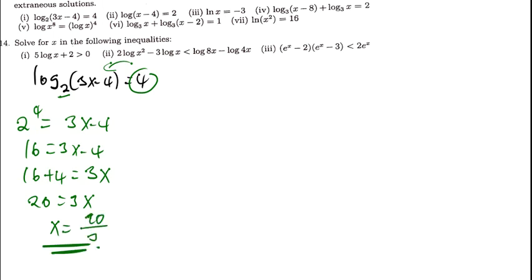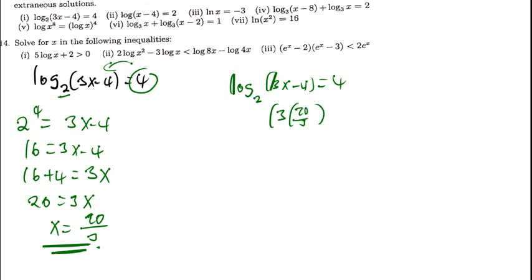Now we have to check the answer. Is the answer correct? Log base 2 of 3x minus 4 is equal to 4. Where there is x, I plug in 20 over 3.